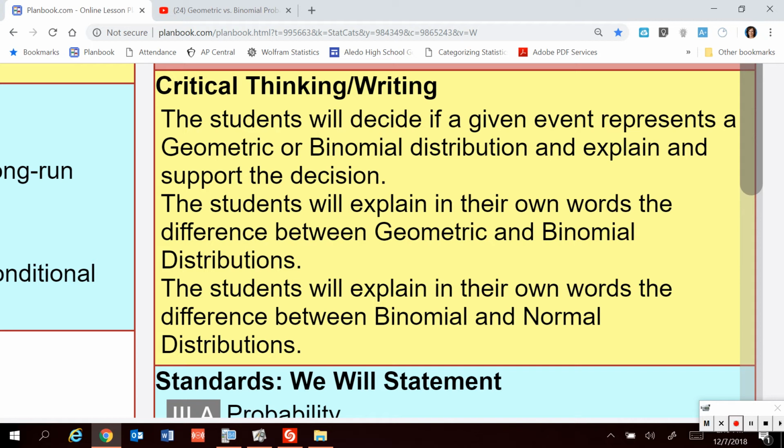Another thing is to explain in your own words what the difference between geometric and binomial is. And also, we're going to talk about what this binomial distribution is and how it is different from the normal model. Okay, so those are the main things I want us to figure out today.